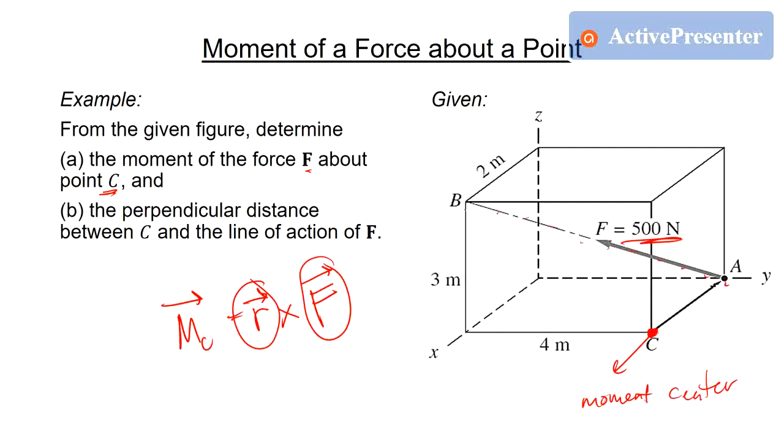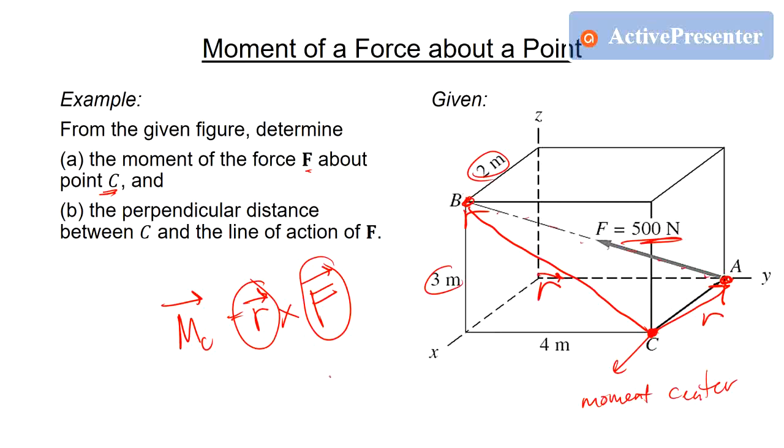In this problem, we have coordinates from the origin, which are point B and point A. So we can use two possible r. We have this r right here, and we can also use this r.